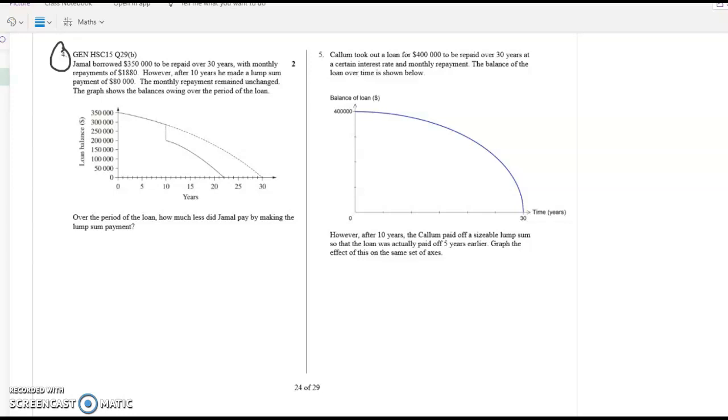Okay, so we've got to compare how much he paid if he didn't do the lump sum, which is this path there, so no change over the whole loan, or if he made that lump sum here after 10 years that decreased the total amount.